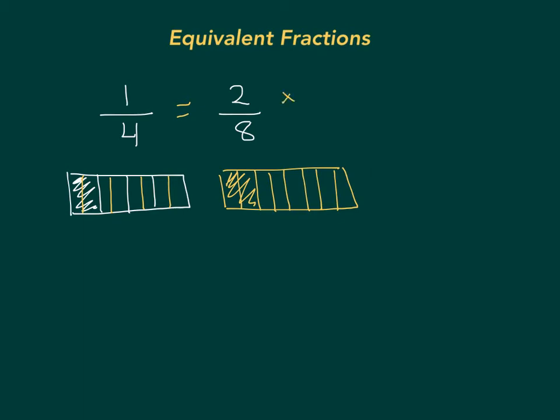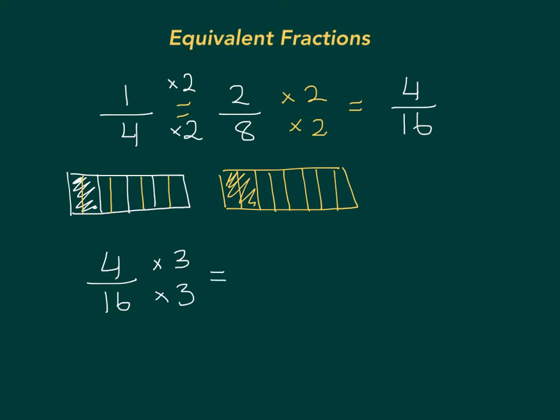2 times 2, and 8 times 2 equals, and we would get 4 over 16. For our first example, we multiply by 2. And we could do it again, and this time we could say 4 over 16 multiplied by 3.